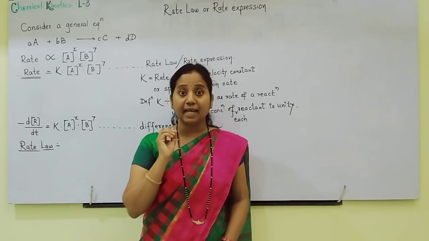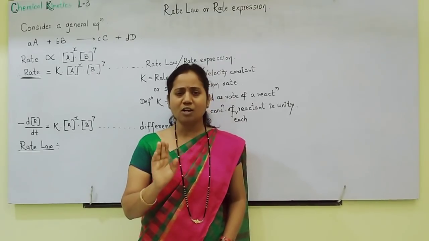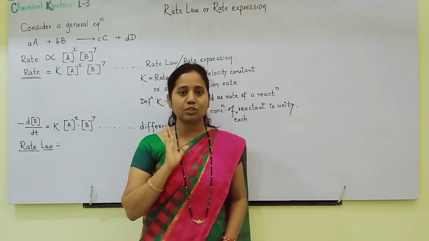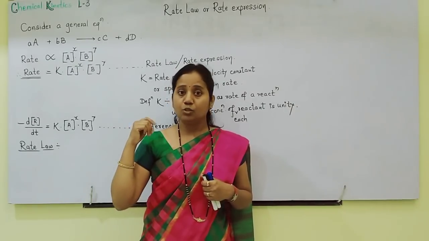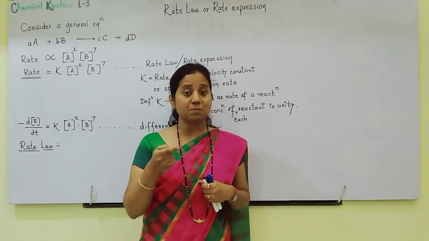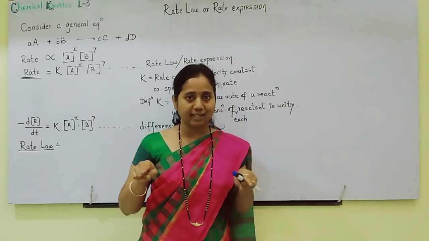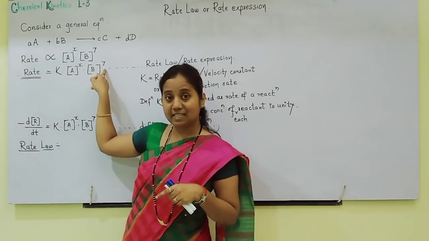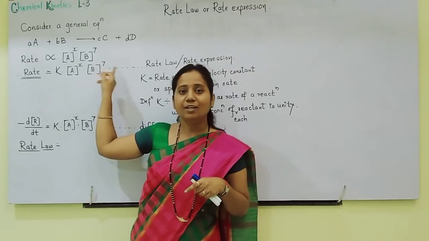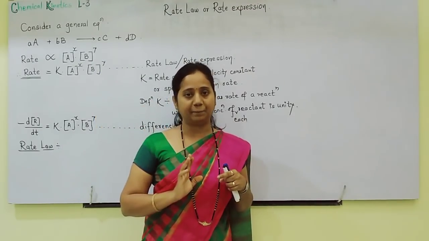It is determined experimentally, not at all theoretically, not merely by looking at the balanced chemical equation. Here, to write rate, we must perform the experiment. After the experiment, data is collected. Looking at the data, these exponents are written. So rate law is an experimentally determined quantity.